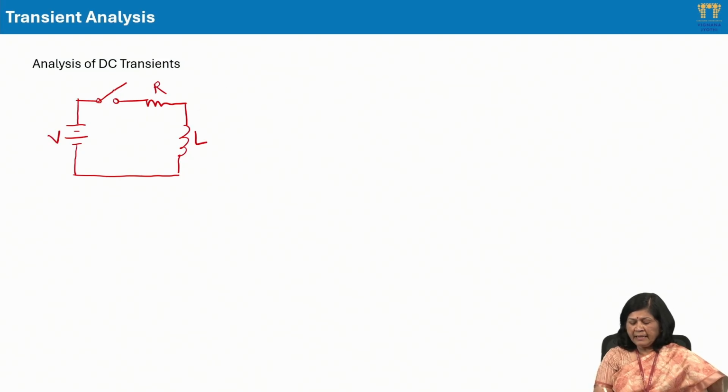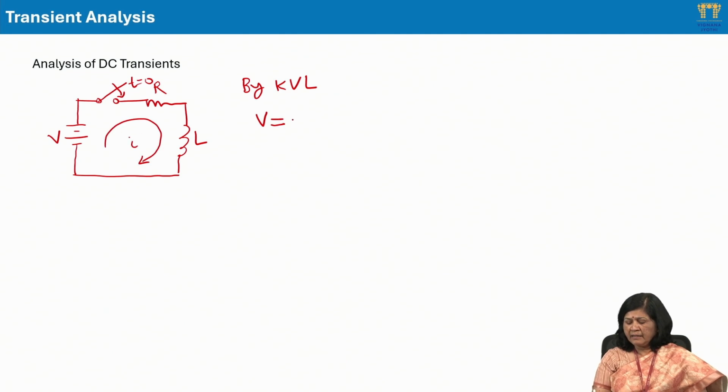Now, at t equal to 0, when this switch is applied, by KVL, this KVL leads us to the differential equation, a first order differential equation, as the voltage across this resistance is i into R plus across the inductance is L di by dt.